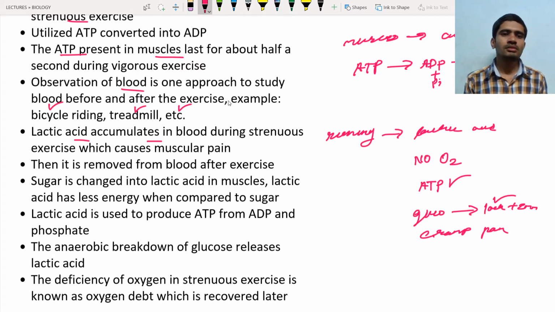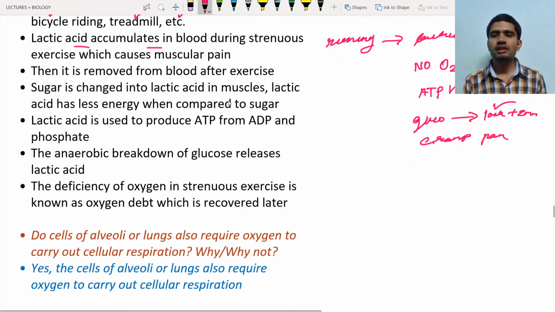As a result, the person is going to stop, and the lactic acid will then be removed from the blood after exercise. The person takes some rest. If he takes some rest, what will happen? The lactic acid will decrease in the muscles. As a result, the person will become normal after 30 minutes or after 1 hour.